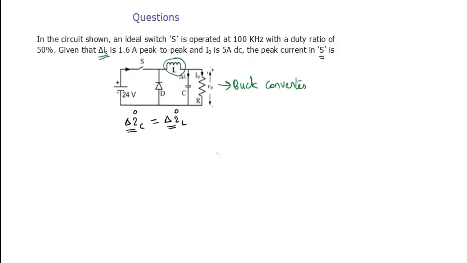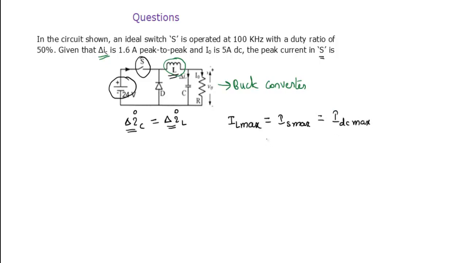I told you while discussing all these circuits that the maximum current flowing through the switch, or supplied by the source, or flowing through the inductor, are all actually the same. That is nothing but IL max. So IL max is nothing but IS max, that is nothing but IDC max.